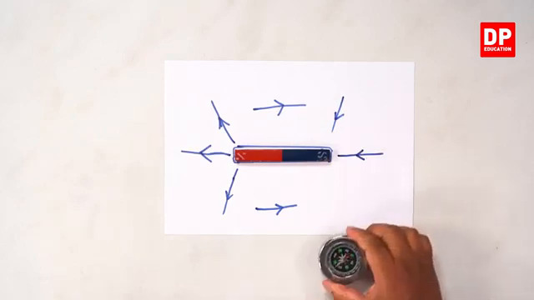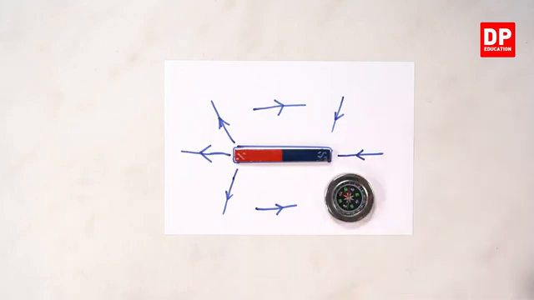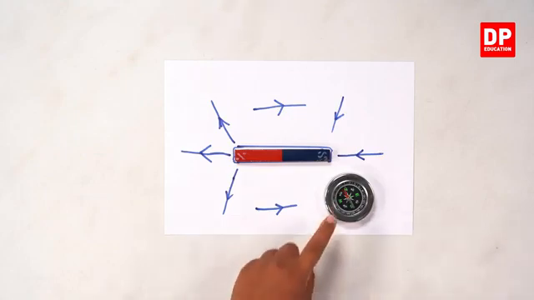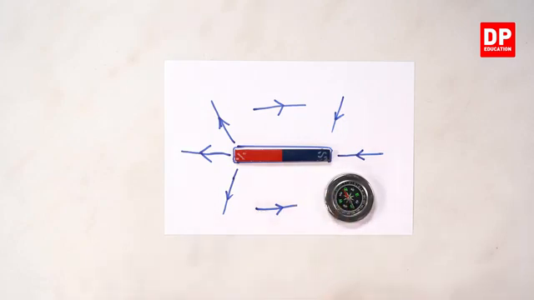Then in here, we have to wait till the rotation stops. So you can see that here also the red color terminal is pointing towards the south direction.